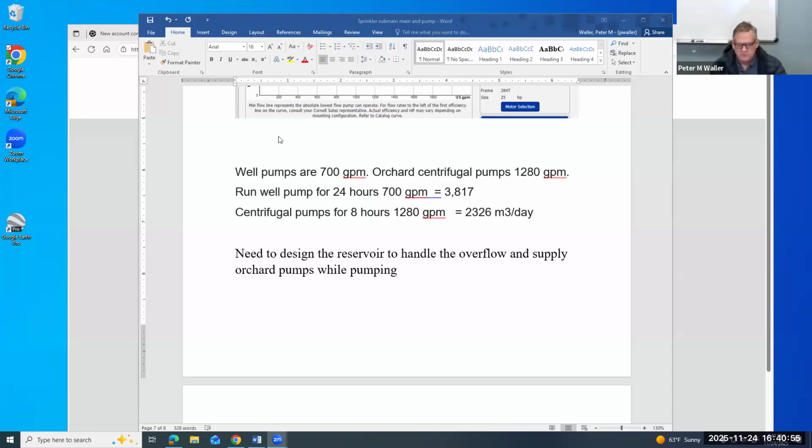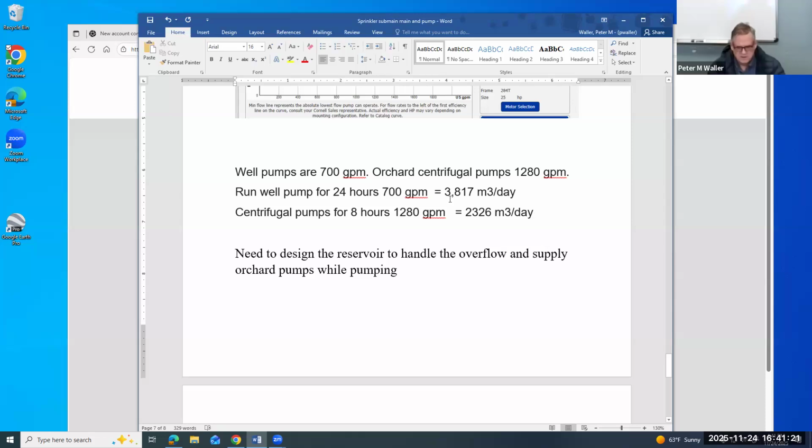So if we run the well pump for 24 hours at 700 gallons per minute, this gives us 3,800 meters cubed per day, which is more than we need for the orchard, at least during normal irrigation, where we're just doing 8 hours a day. And if we run the centrifugal pumps for 8 hours at 1,280 gallons per minute, that's 2,326 meters cubed per day.